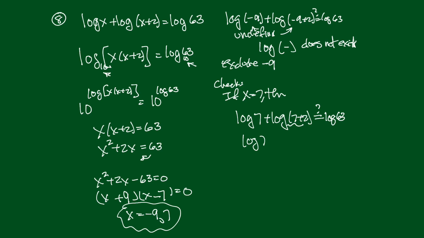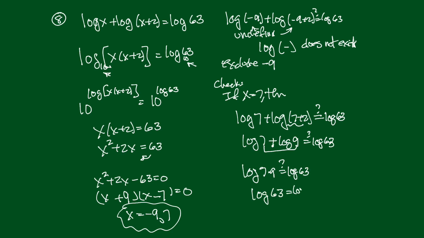I'll get the log of 7 plus the log of 9. Is that equal to the log of 63? Well, this is the sum, right? I can turn that into a product of this times this. So I'm going to get the log of 7 times 9. Is that equal to the log of 63? And sure enough, 7 times 9 is 63, equal to the log of 63.